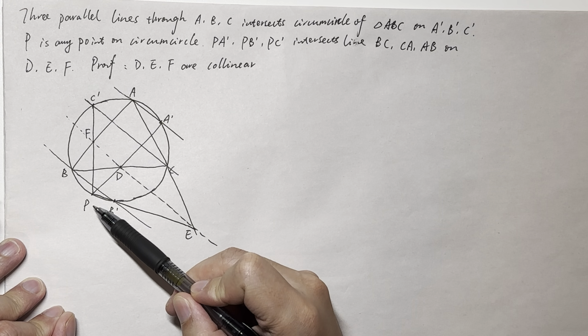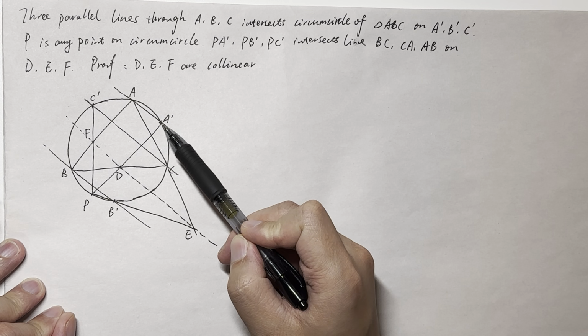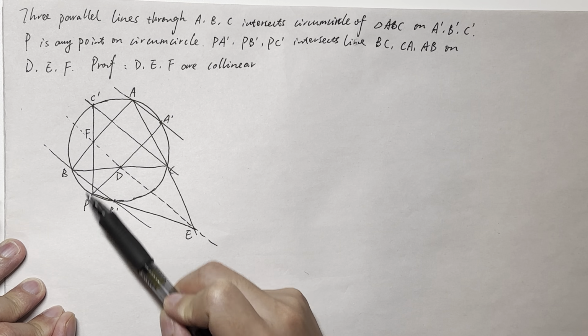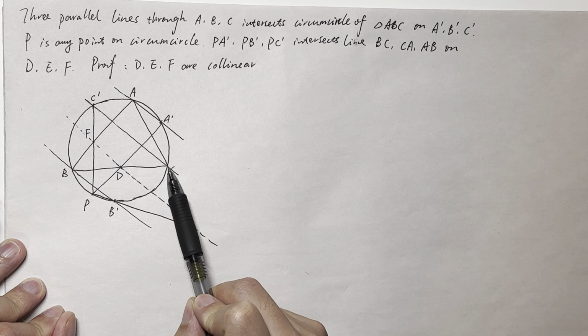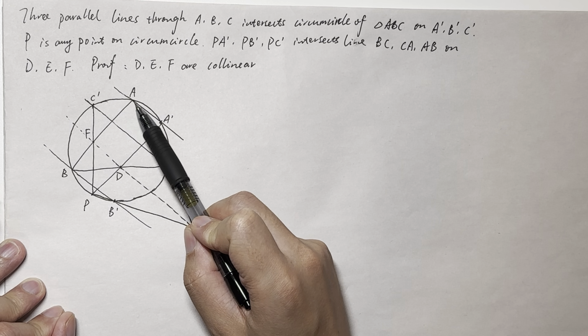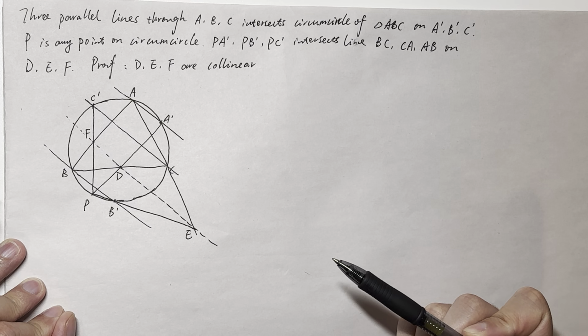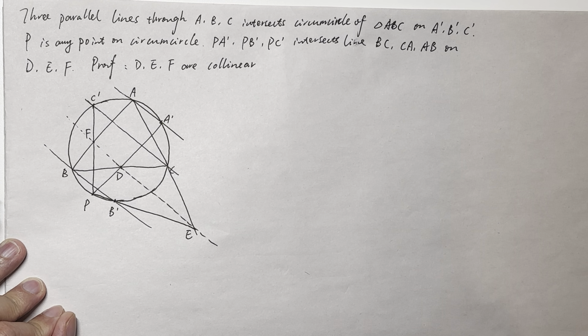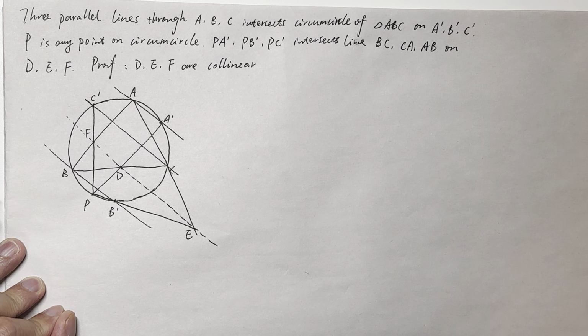P is any point on the circumcircle. PA', PB', PC' intersect lines BC, CA, AB at D, E, F respectively. Prove D, E, F are collinear.